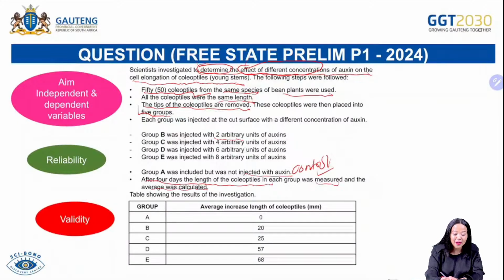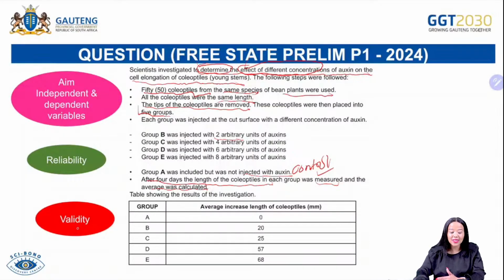Because these 5 groups were not exposed to the same environmental conditions. And in this investigation as well, if we carry on reading, it says here, after 4 days, the length of the coleoptiles in each group was measured and the average was calculated.